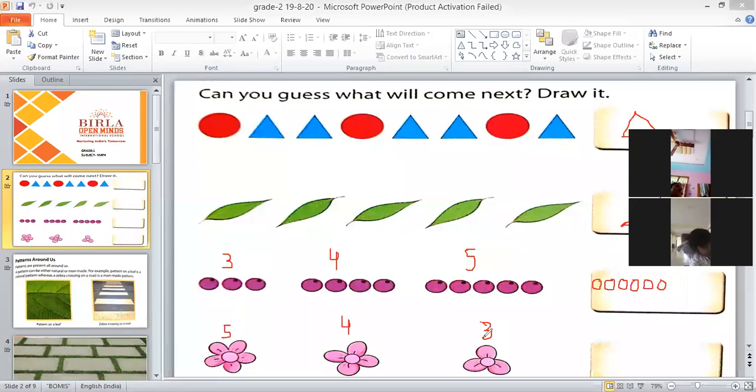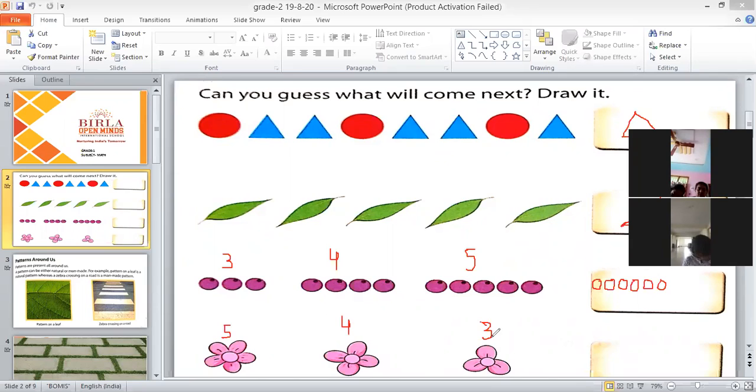So now children, see here very carefully. This time it is not increasing. It is decreasing. It is becoming less by 1. See here. In the first one, 5 petals are there. Then in the second one, 4 are there. In the third one, 3 are there.